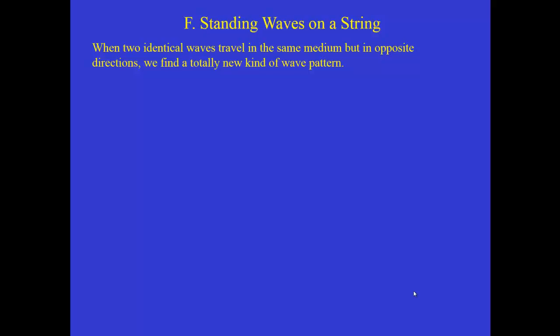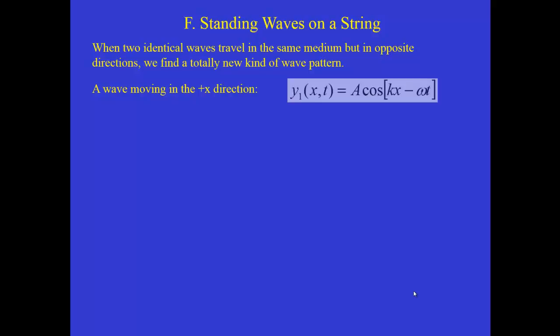The basic idea here is that when two identical waves travel in the same medium but travel in opposite directions, we end up with a totally new kind of wave pattern. So let's consider a stretched string that's fixed at both ends, and we cause a wave to move in the positive x direction along that string. So y1 is A cosine(kx minus omega t).